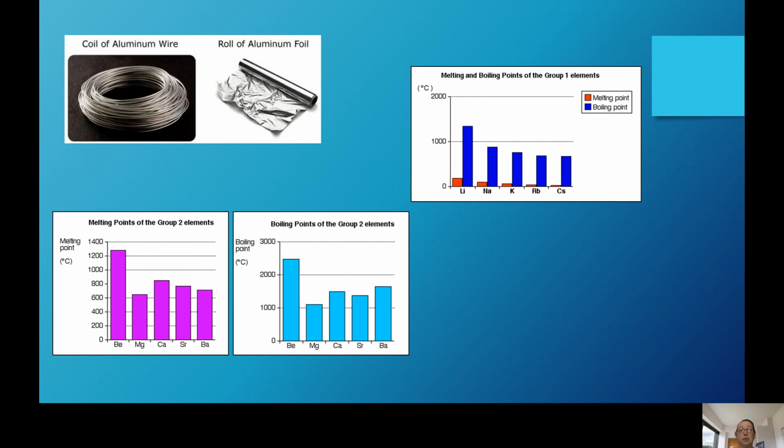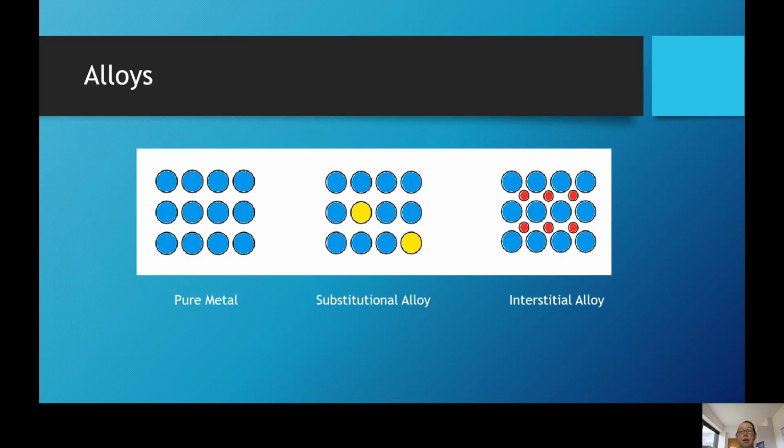All right, so really quick, we're going to look at alloys. Okay, so a pure metal has cations of only one element on that delocalized electron sea. So let's imagine that blue is whatever metal you want. A substitutional alloy is when some of those cations are replaced by cations of another similarly sized element.